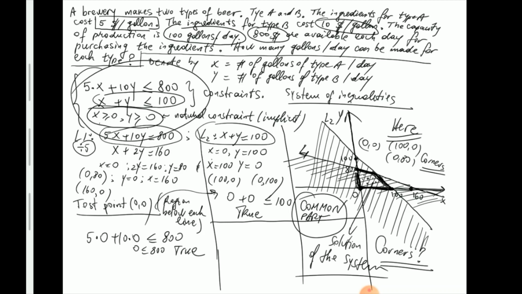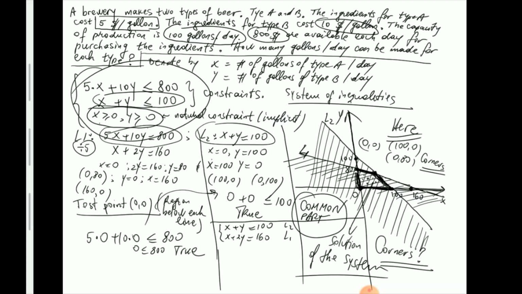But there is another corner that is not found yet, over here where the two lines intersect. For that, you just have to solve the system given by the equations of the lines. Make sure you don't confuse the inequalities with the system that finds the corner point. So you take the two lines that border the region, L1 and L2, form a system, and solve it by elimination to find the coordinates of that corner.